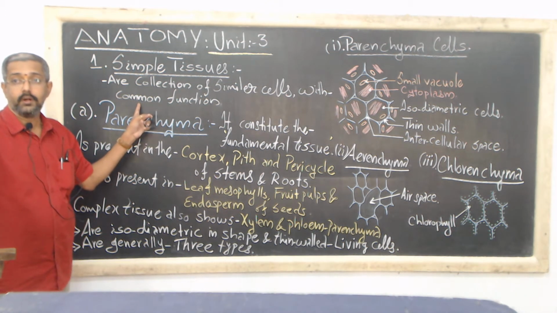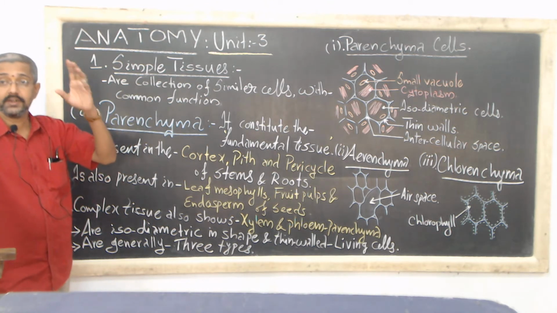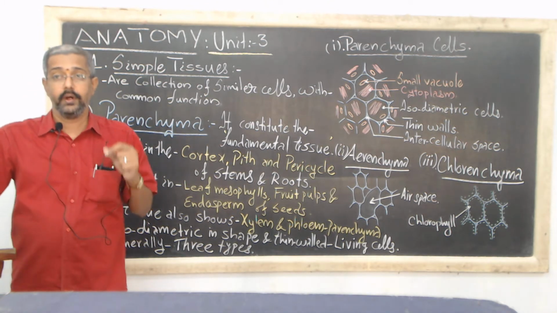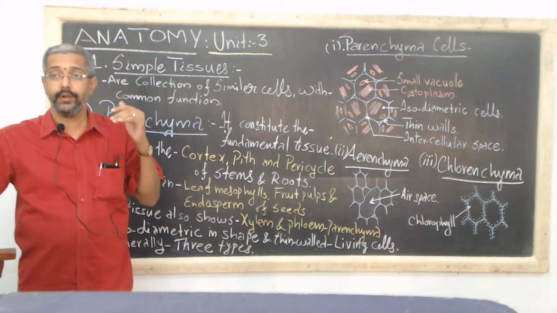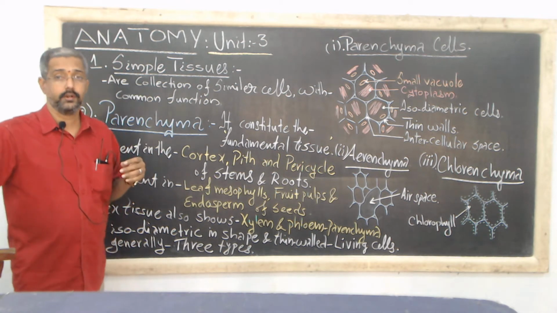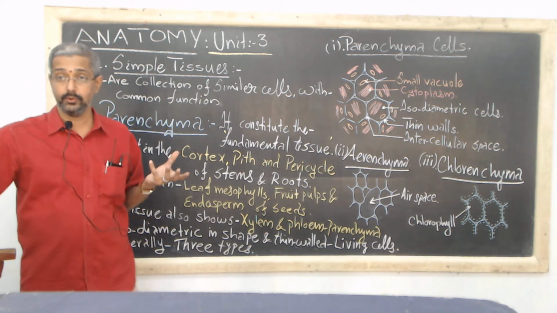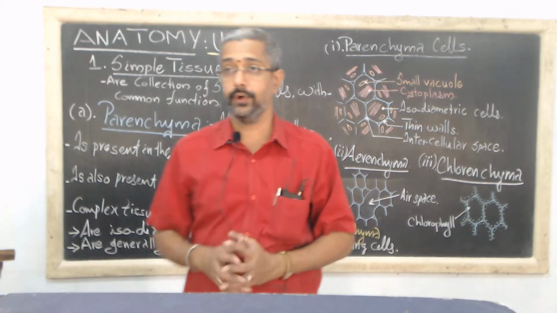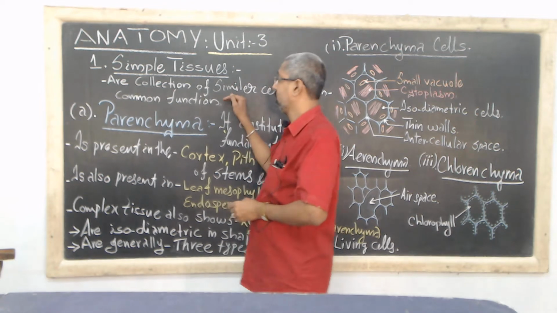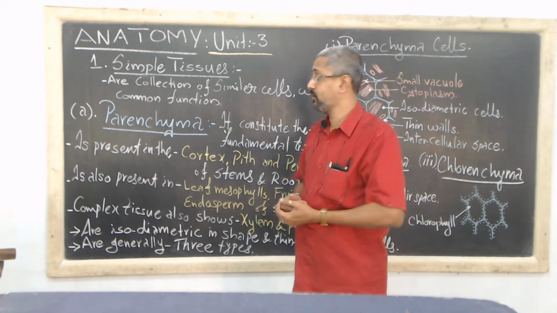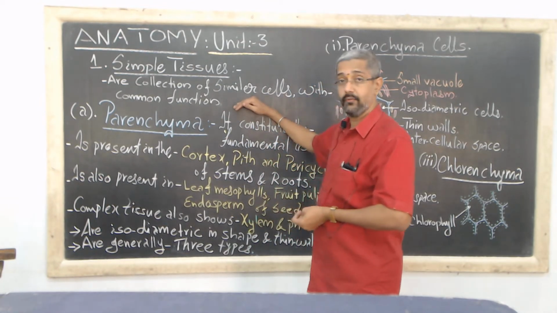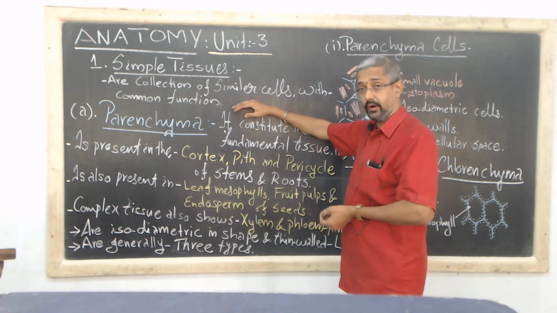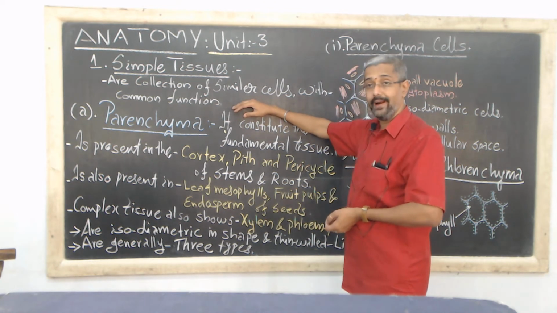These tissues derive from meristematic tissue; we heard that permanent tissues are parenchymatous in origin. So coming to the structure and function of simple tissue, first we have to recollect what it is and how it is.